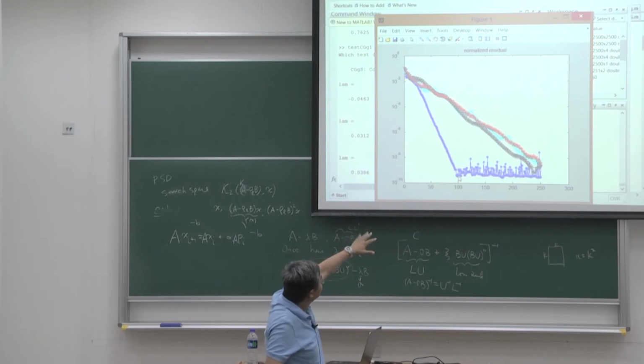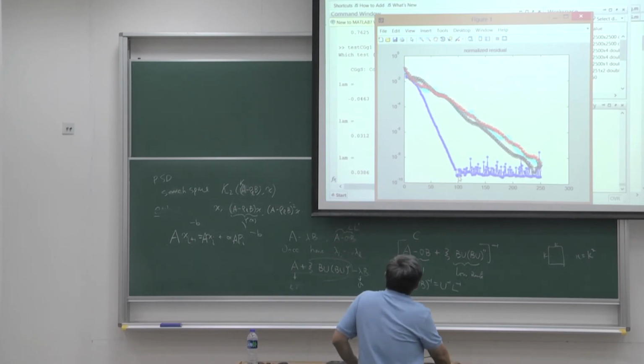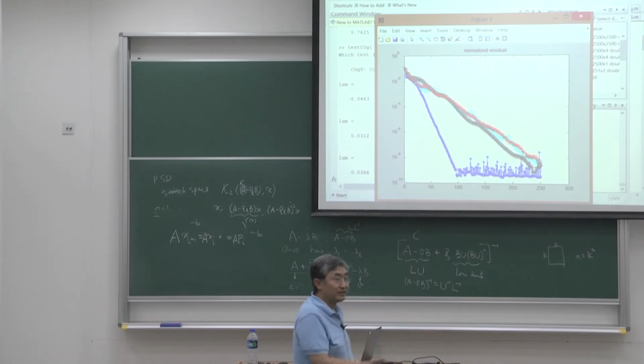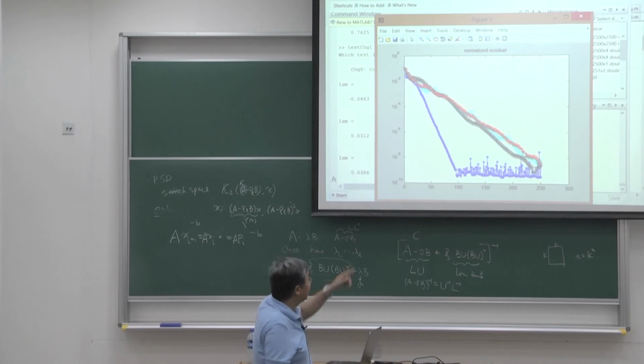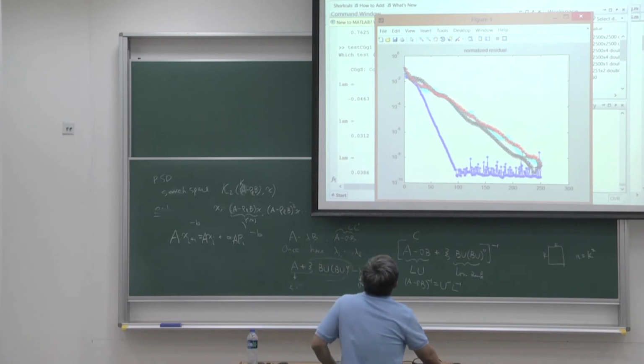But with CG here, you see the first one quickly goes within 100 iterations to maybe 10 to the minus 10. Then the next three follow, with the shift deflation that we talked about.